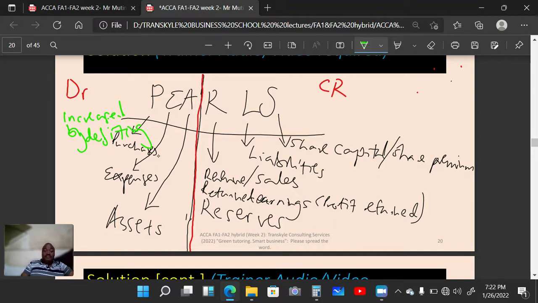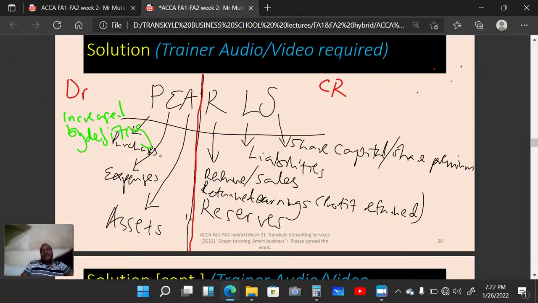If we buy goods for resale on credit, we are debiting purchases and crediting payables. We credit payables because we are going to pay that particular payable.